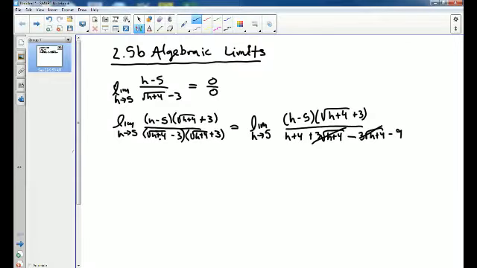With the bottom, that would be h plus 4 minus 9. I think that goes into h minus 5. So it just made it easier.